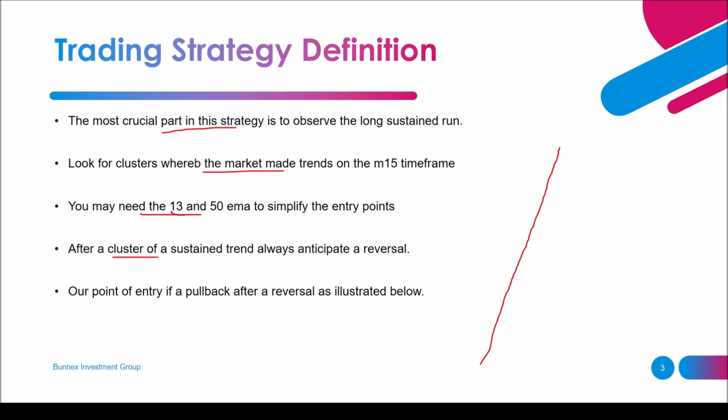After a cluster of a sustained trend, always anticipate a reversal. So whenever you see a sustained run or sustained trend, upwards or downwards, always anticipate that the market is going to pull back or to reverse. Our point of market entry will be at pullback after a reversal as illustrated below.